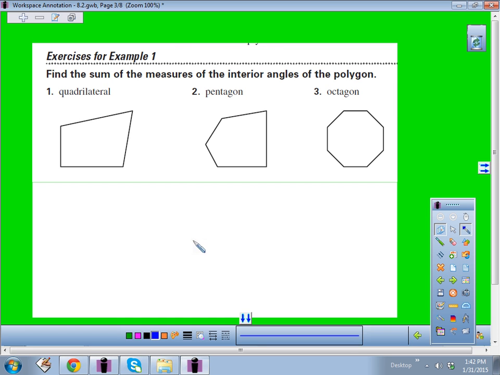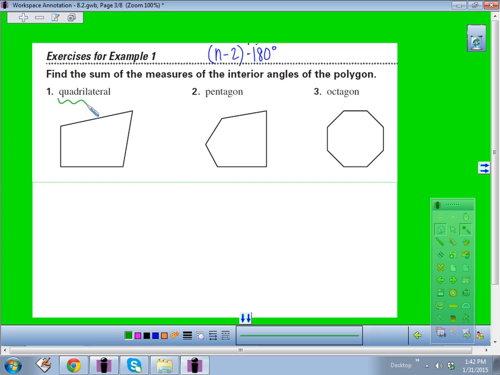For the exercises, take a moment to draw the number of triangles in each one of these, 1, 2, and 3, and decide what the sum of the interior angles would be in each polygon. Or you can go straight to using n minus 2 times 180. Okay, so for number 1, it is a quadrilateral.